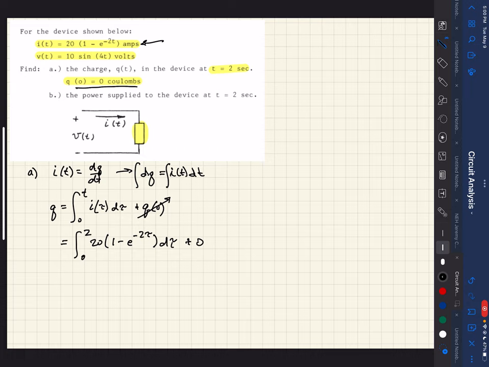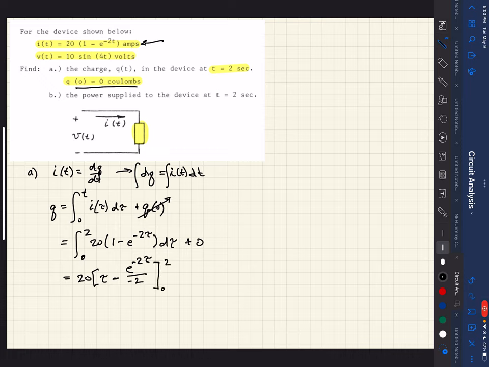So if we perform this integral, so again, this is just back to basic calculus. What we come up with then is 20 times tau minus e to the minus 2 tau over minus 2, and then that will be evaluated from 0 to 2.